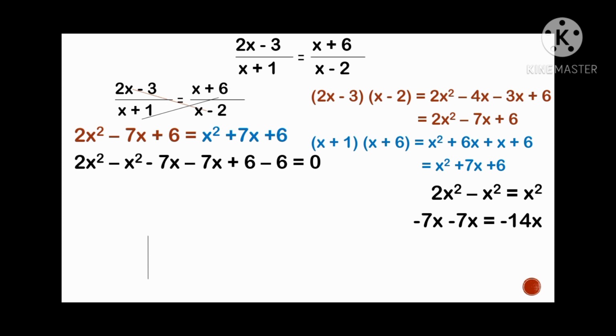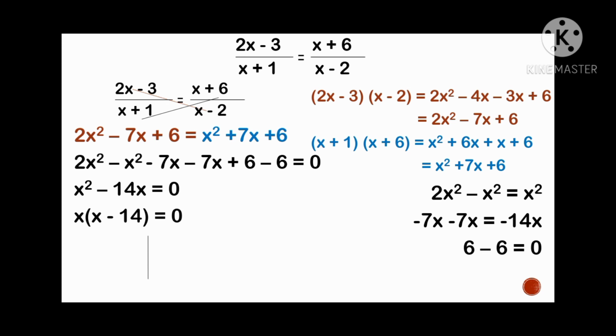Then, negative 7x minus 7x is equal to negative 14x. And 6 minus 6 is equal to 0. So we have now the equation x squared minus 14x equal to 0.